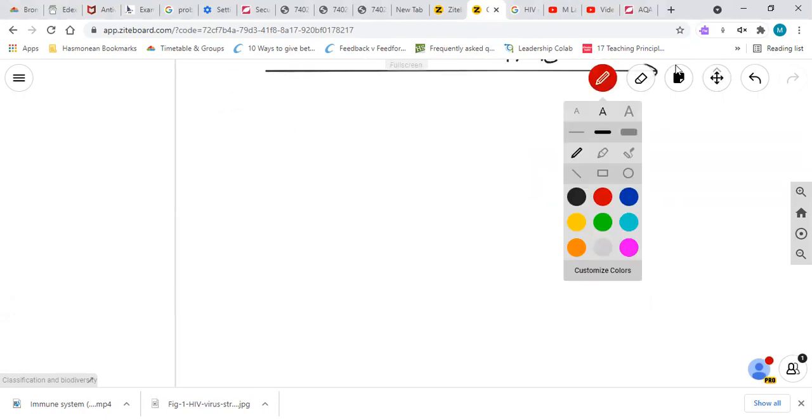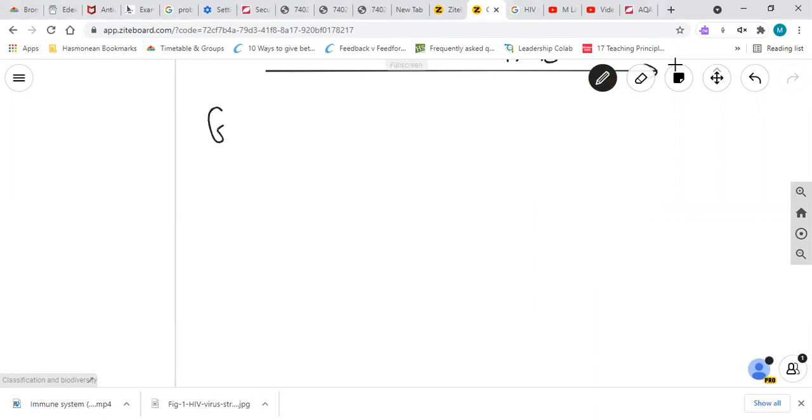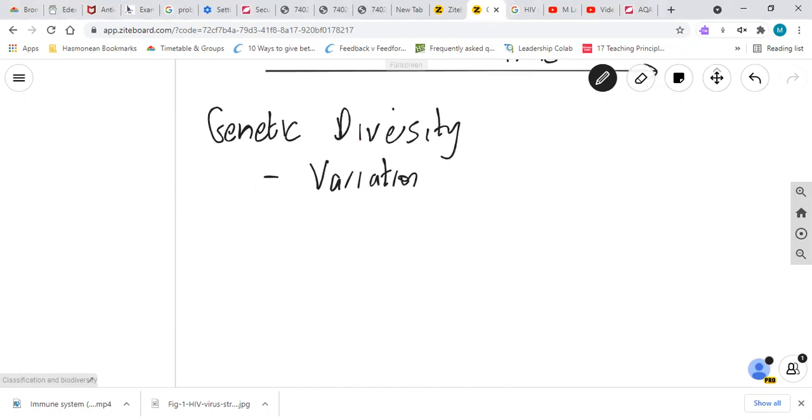Now, when we're thinking about organisms, when we're thinking about species, etc., we need to consider the genetic diversity. So what do we mean by genetic diversity? We've come across this when we were doing natural selection. The genetic diversity is the variation in alleles in a population.